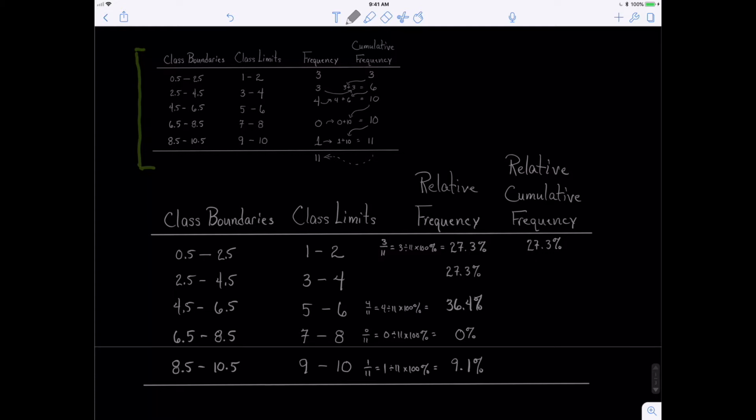By the time we've looked at the second class, that's 27.3 plus 27.3, for a total of 54.6% of the data. Then we add in the 36.4%, which takes us up to 91%.